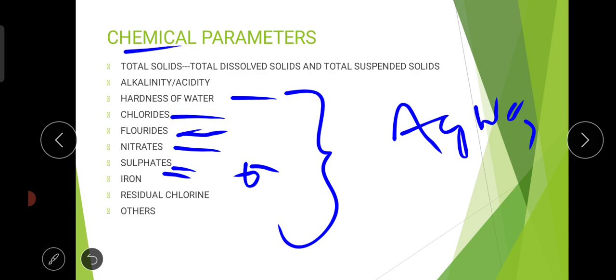In order to remove that, we have to add dechlorinating agents. We can check the residual chlorine by using a residual chlorine kit, by examining the shades of chlorination. Others we can also study. These parameters are more than enough for your exam.